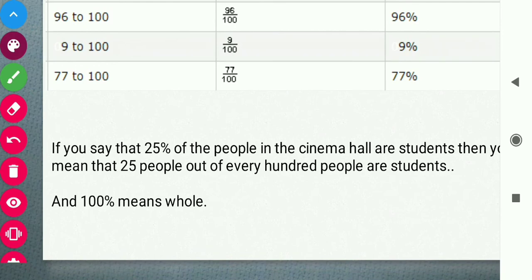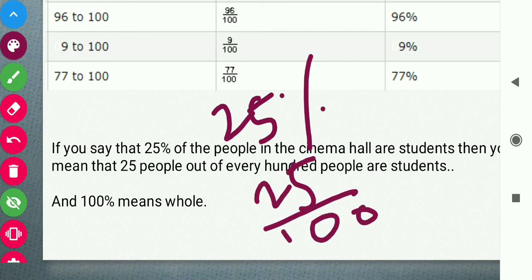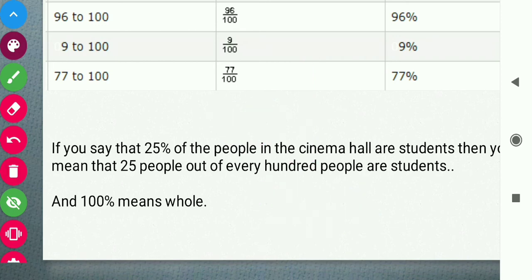If you want to say that 25% of the people in the cinema hall are students, then you mean that 25 people out of every 100. 25% is equal to 25 upon 100, which means 25 people out of 100 are students.